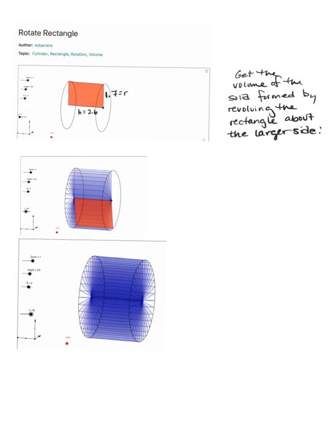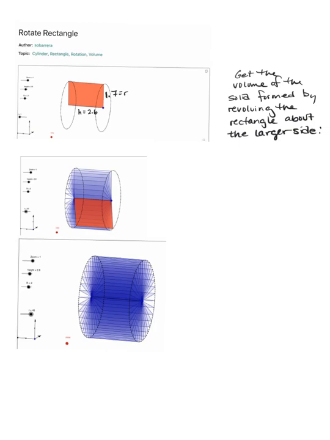So the 1.7 becomes the radius of a cylinder. And the height of that cylinder is 2.6. Now, had I chosen instead to revolve the rectangle around the shorter side, then my height would be 1.7 and my radius would be 2.6. Okay, so just be careful. Always read what it's asking you to do.